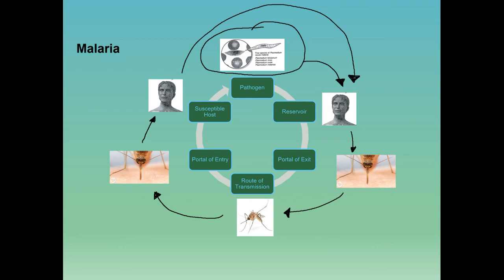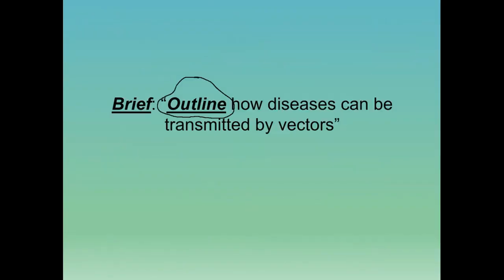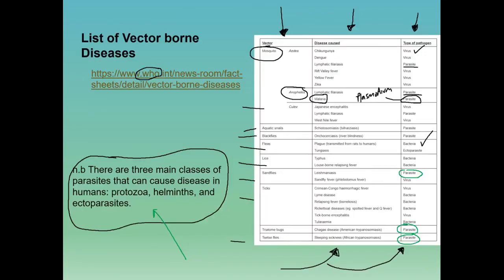And then I would go into detail about one vector-borne disease of your choice. Now I've done malaria, you can do many other different diseases, but what I would do is identify the different types, like I identified at the start on the table, this one.